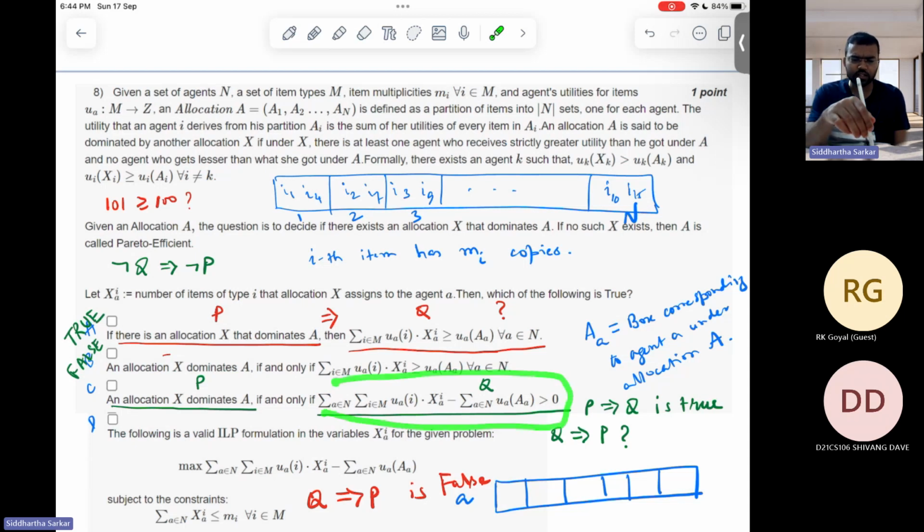Just by this condition, it is not clear whether everybody has got equal or more profit or utility under the next allocation. So Q implies P is not true. So therefore, if and only if is not going to be true. So we are going to mark this false.